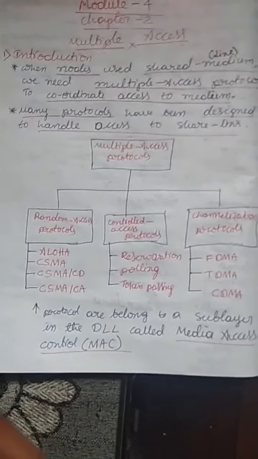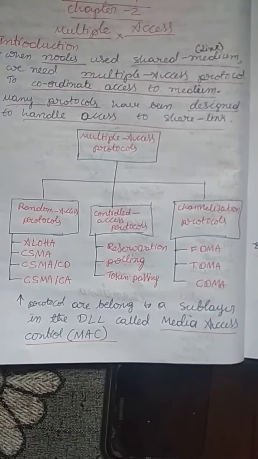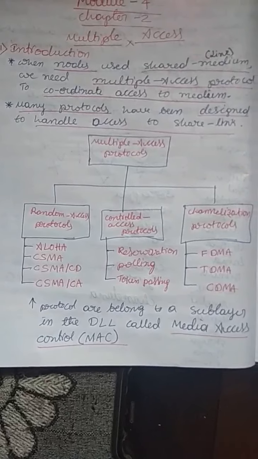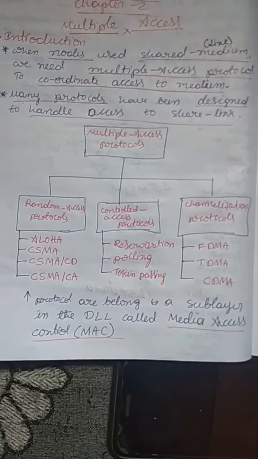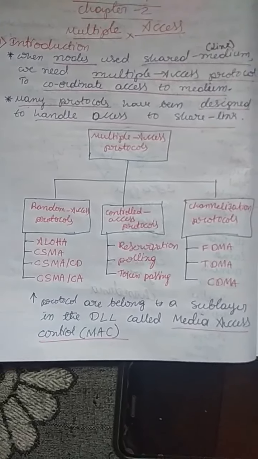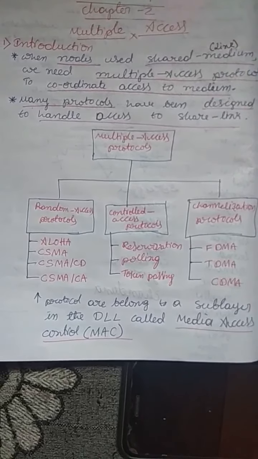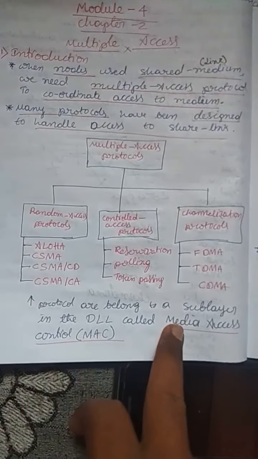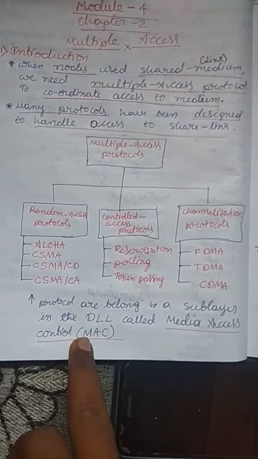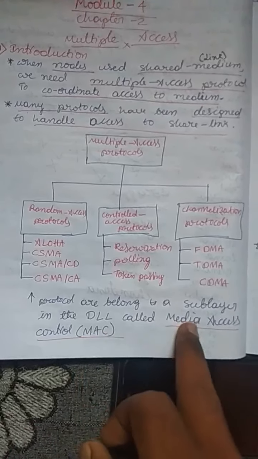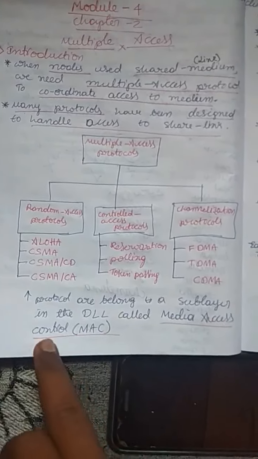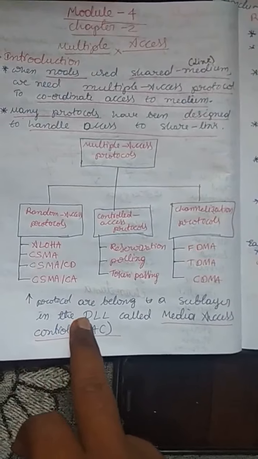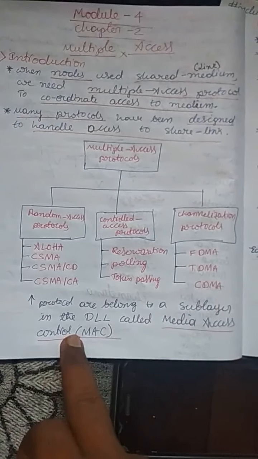Okay, here you can see that these protocols belong to a sublayer in the data link layer called media access control, the MAC. Means all these protocols are present in this sublayer of the DLL, media access control.